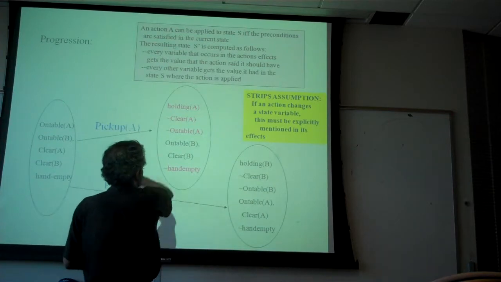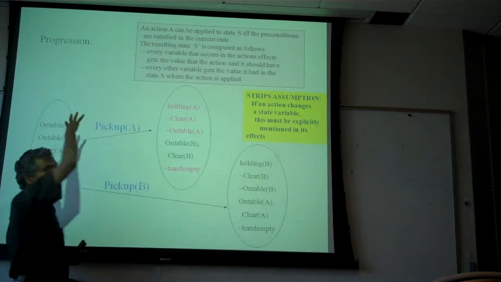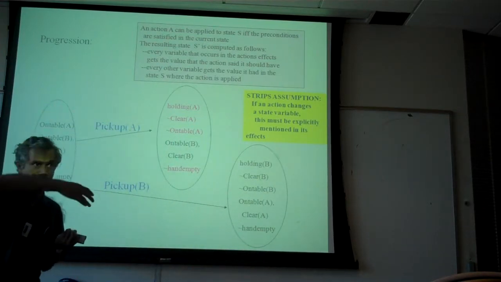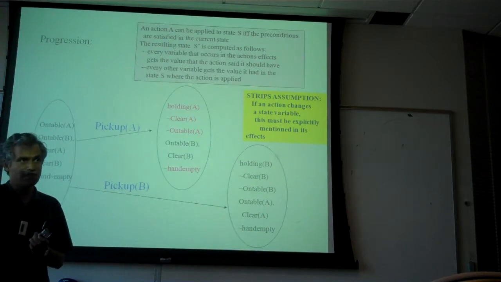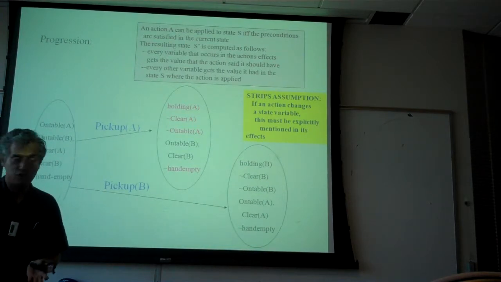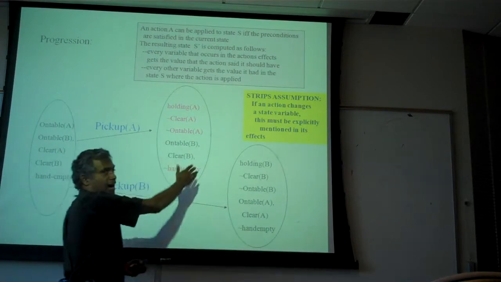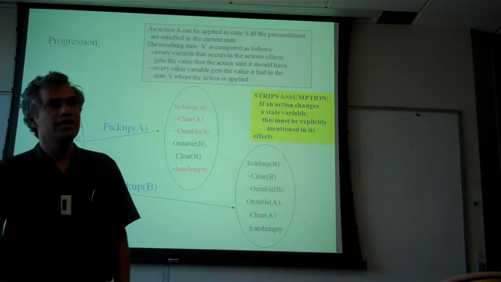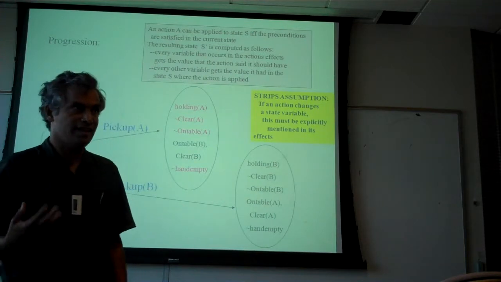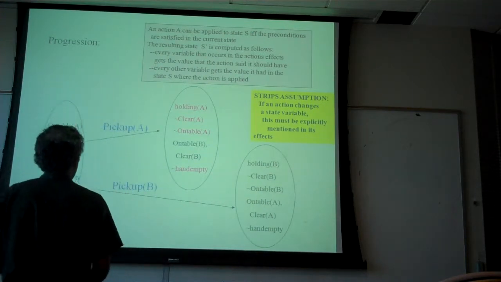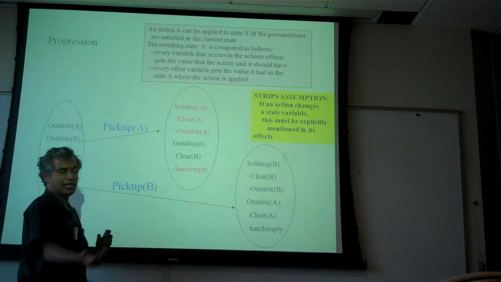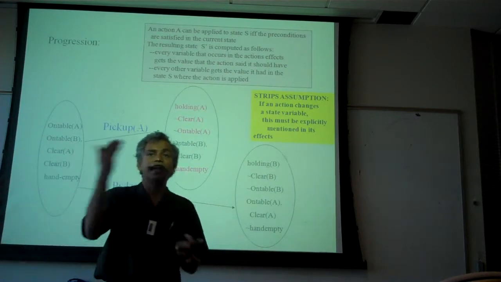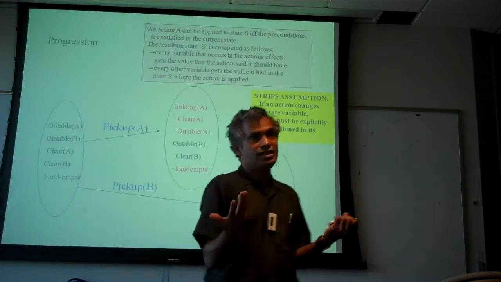In that case the new state will have the partial assignment that this action provides. That much is for sure, and everything else, the other variables for which the action doesn't give any values, just carries over from the previous state. This is the reason why, if you apply the same action in multiple different states, what gets carried over changes. That's how you're changing the states.